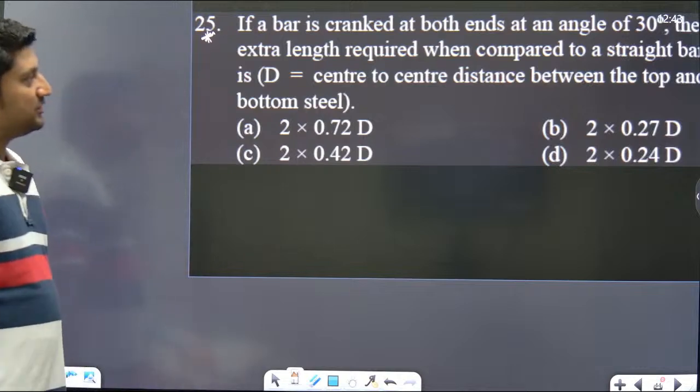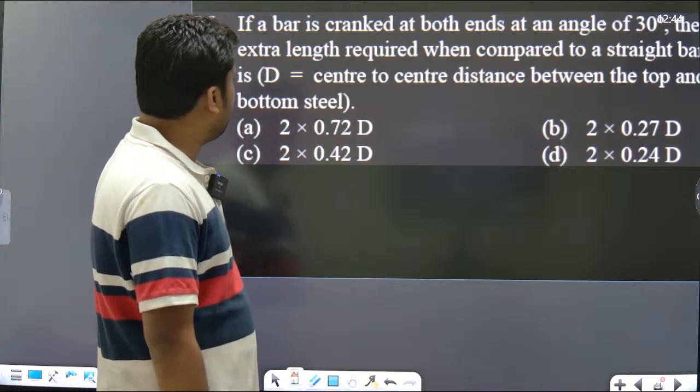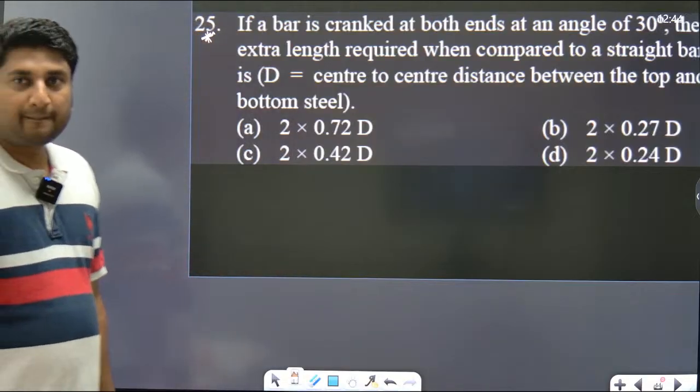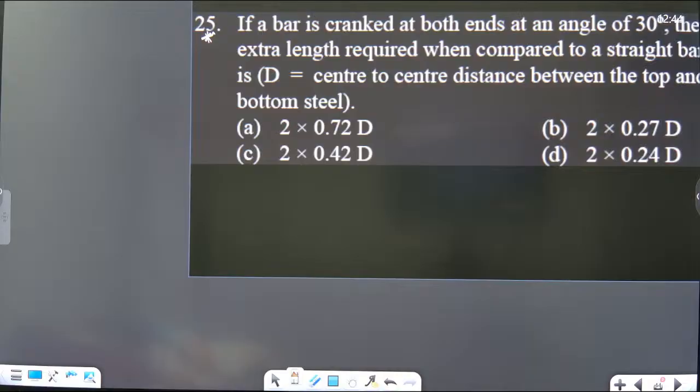If a bar is cranked at both the ends at an angle of 30 degrees, the extra length required compared to the straight bar is, where D is the center to center distance between the top and the bottom steel. What will be the correct answer?